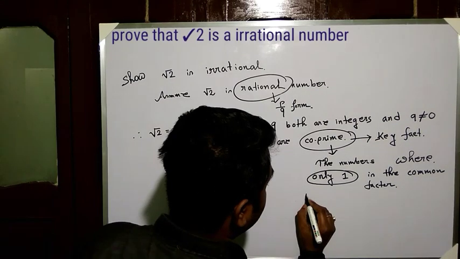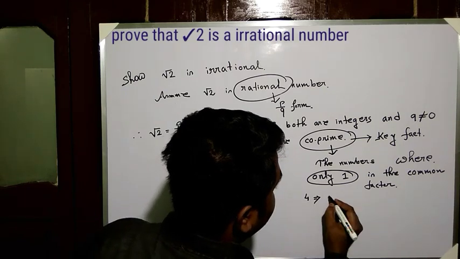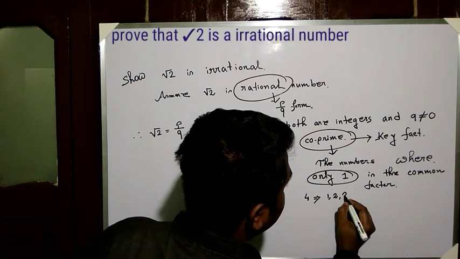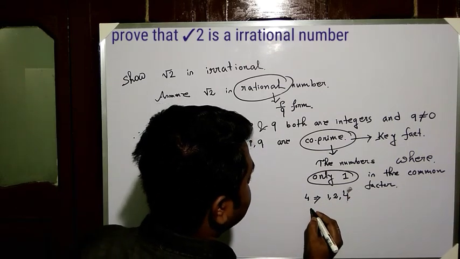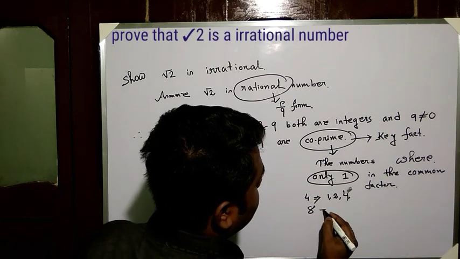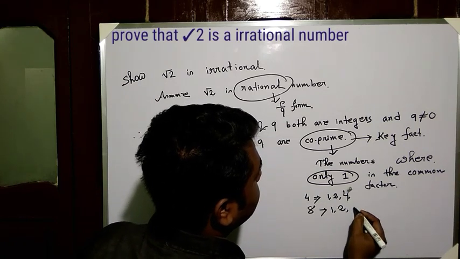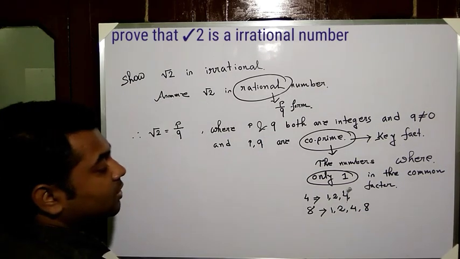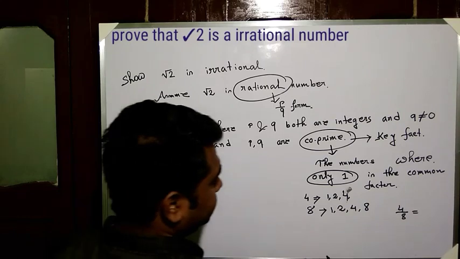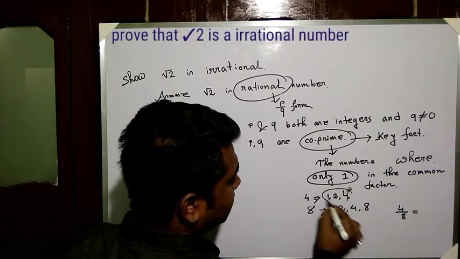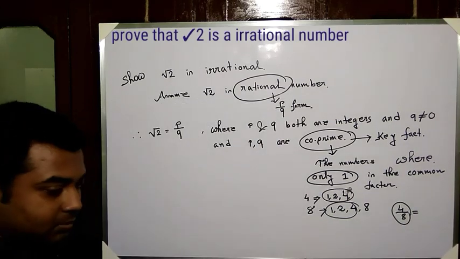Suppose you are taking 4. 4 has how many factors? 1, 2, 4. Suppose you are taking 8. How many factors of 8? 1, 2, 4, 8. Suppose you are taking 4 by 8, there are three common factors: 1, 2, 4. So we can't take 4 by 8 this type of number.